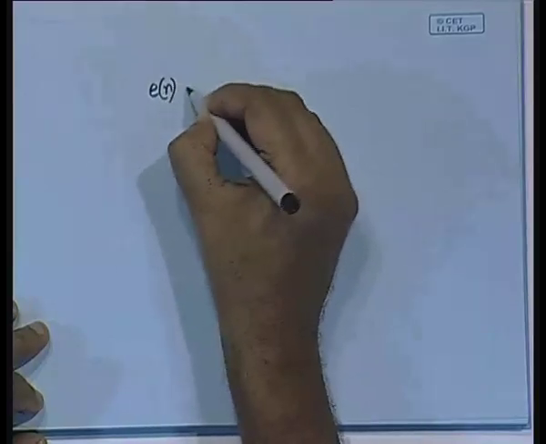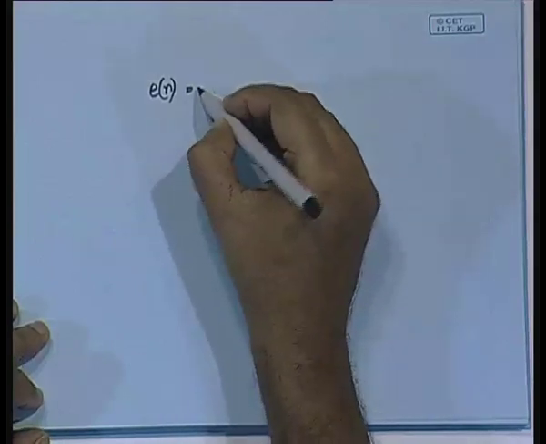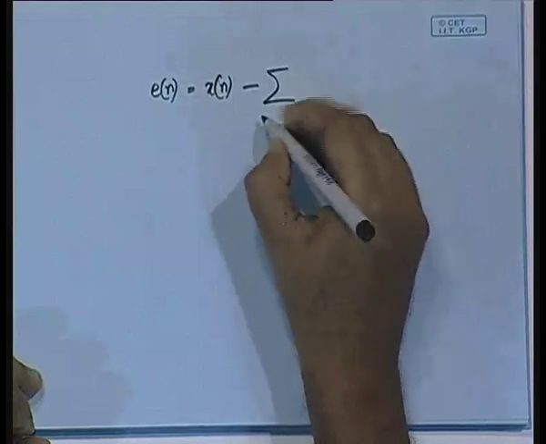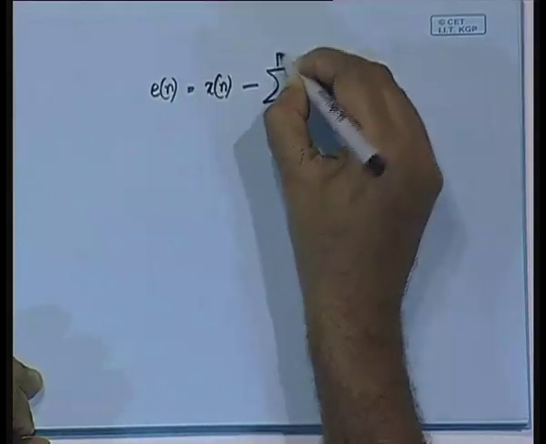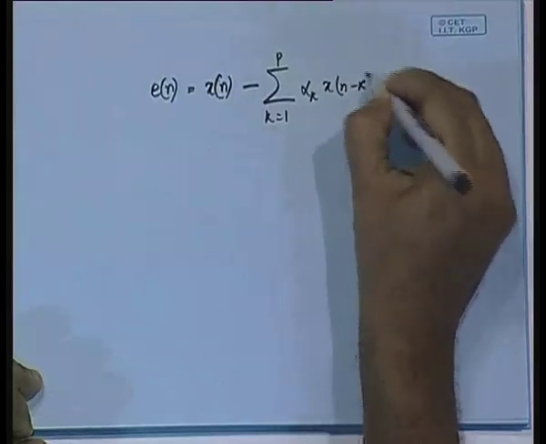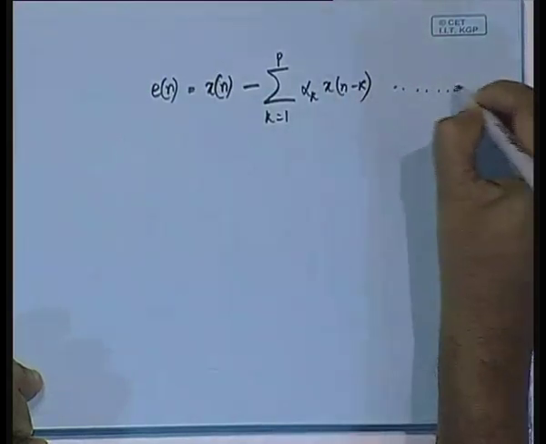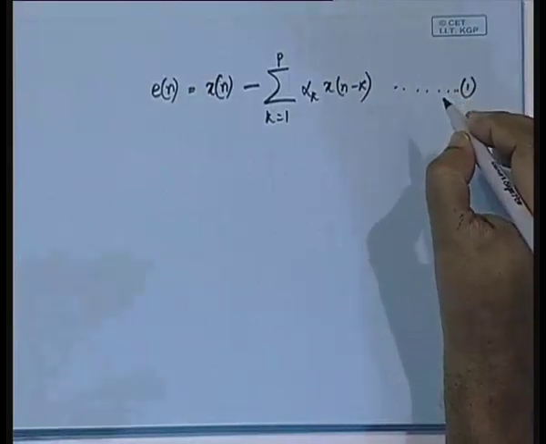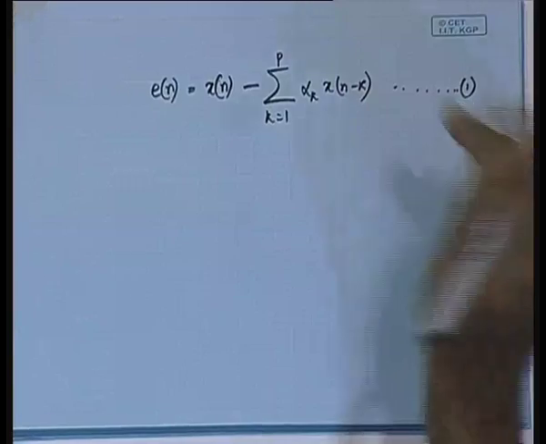Our original equation on the error says that E of n is equal to x of n minus summation k equal to 1 to p alpha k x of n minus k. Let us call this our equation number 1. Now, we take the Z transform of this equation, on both sides.